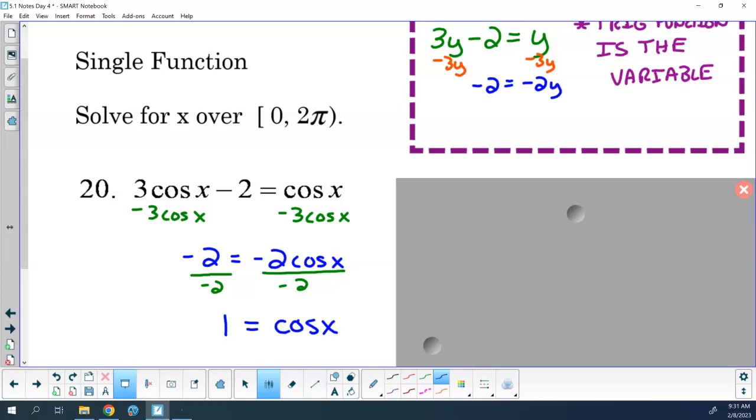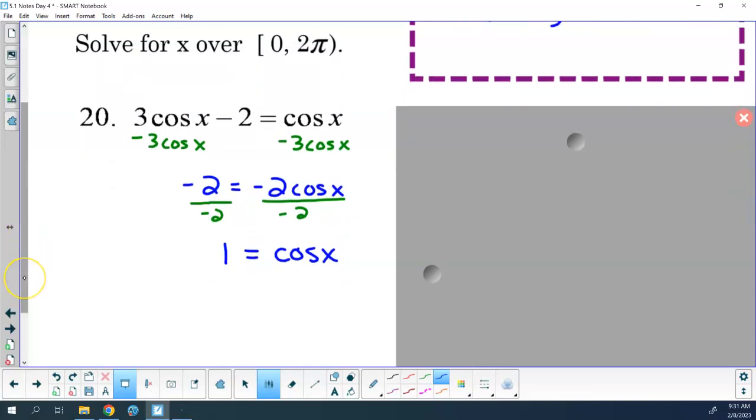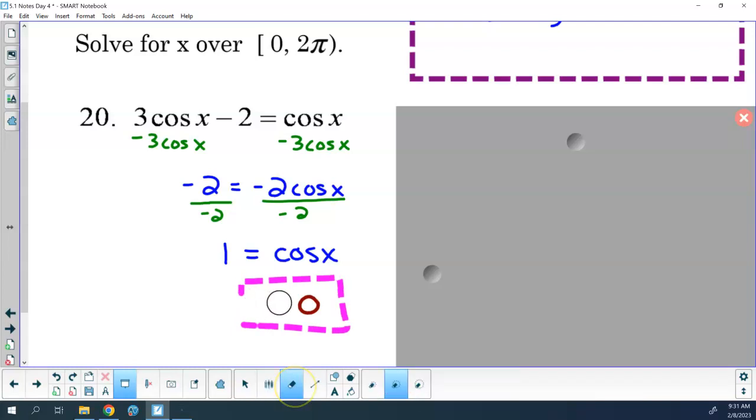We're including 0, we're excluding 2 pi because they're at the same spot. Okay. So the answer here would just be x is 0. And 0 radians. Actually, I don't even want to say x equals there. I'm just going to say 0. Because that's the angle that would solve that equation.